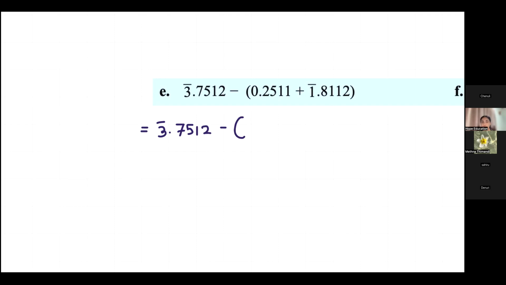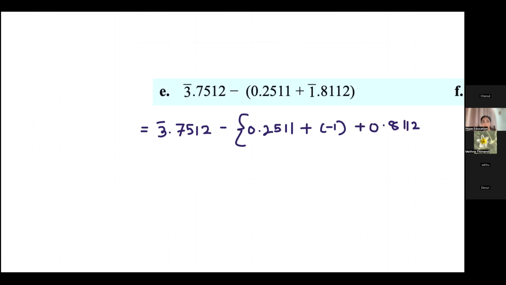So, I will just write 0.2511. Plus here, now there is a characteristic which is minus 1. Minus 1. Now, my bracket, because here we have minus 1, which is our characteristic, plus 0.8112.